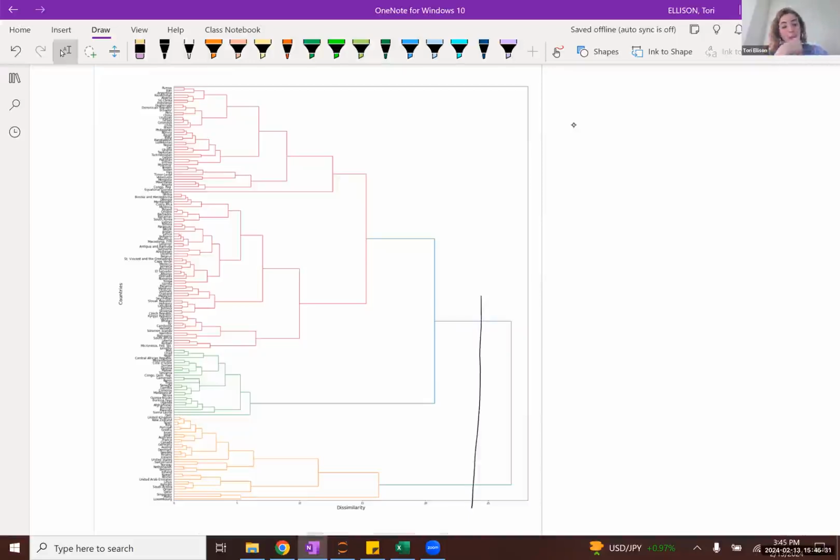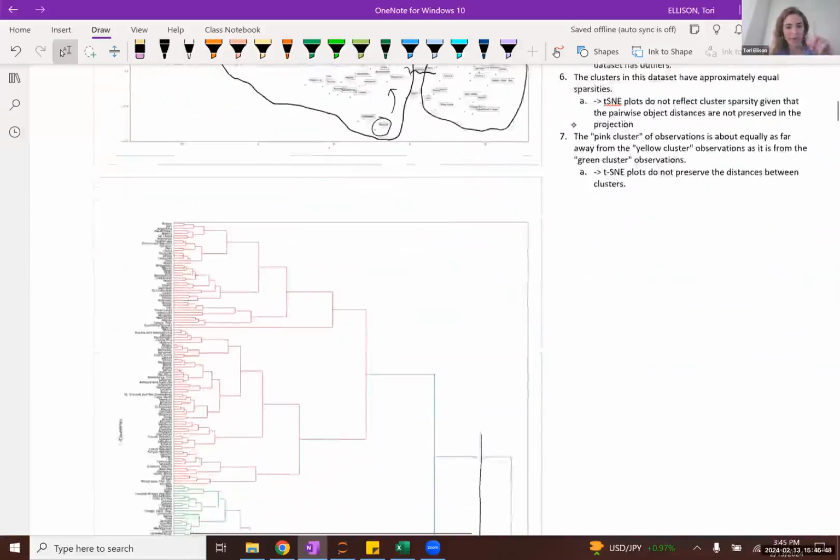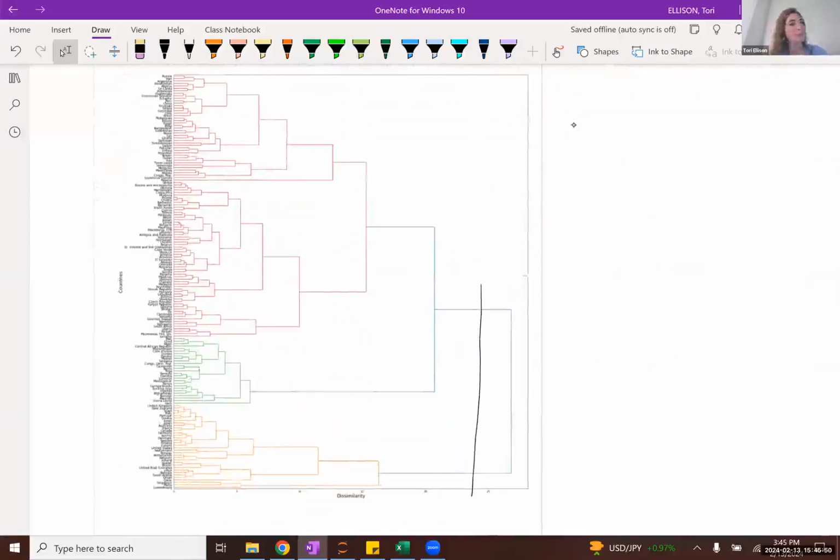In addition, a follow-up question that we might have about even a single clustering is, how far away are each of those clusters from each other? We discussed that we can't determine this from a TSNE plot, but this is something that we can determine from a carefully chosen dendrogram.